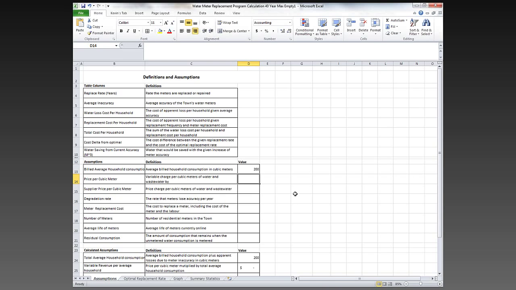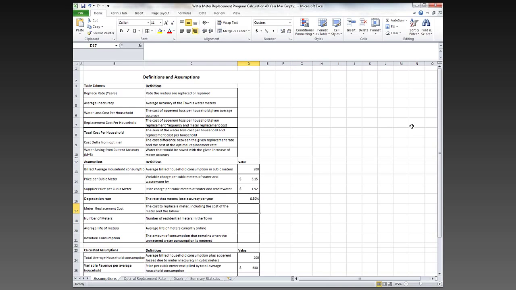The price that we charge per cubic meter to our customers is $3.15, and the price that it costs us to treat the water is $1.52 per cubic meter. The degradation rate, the supplier's warranty said it degraded at 0.5% a year.